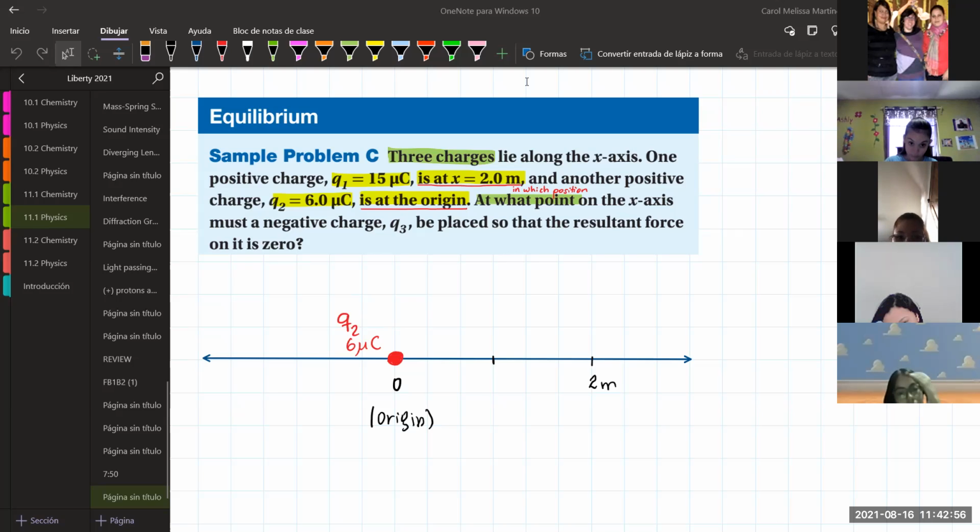Okay, now in the other side, I have the Q1. Q1, it says that is 15 microcoulombs and is located at x equals 2 meters.